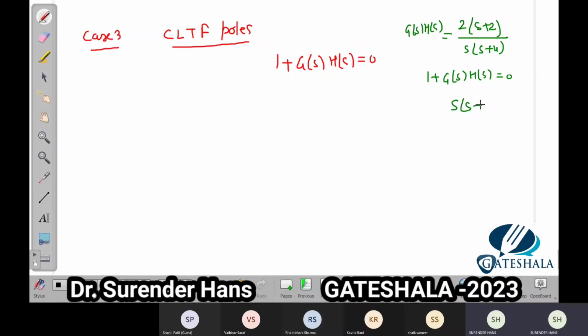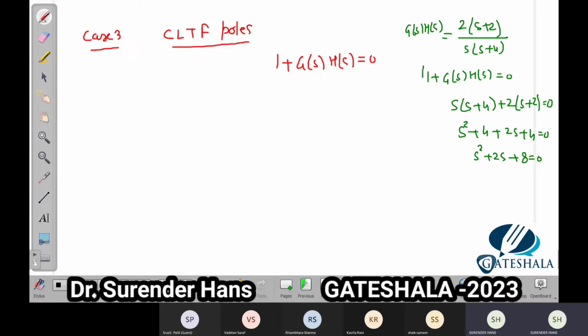That is s into s plus 4 plus 2 into s plus 2, that is equal to 0. That is my closed loop poles. So if I open this bracket, s square plus 4s plus 2s plus 4 is equal to 0. So s square plus 6s plus 4 is equal to 0. So this quadratic equation gives me the closed loop poles.